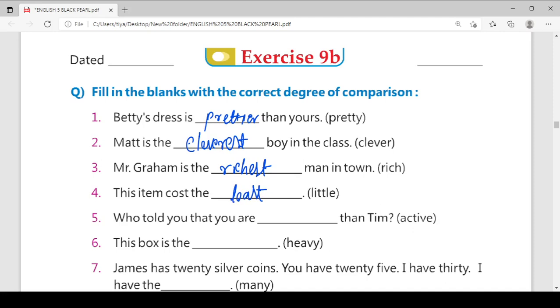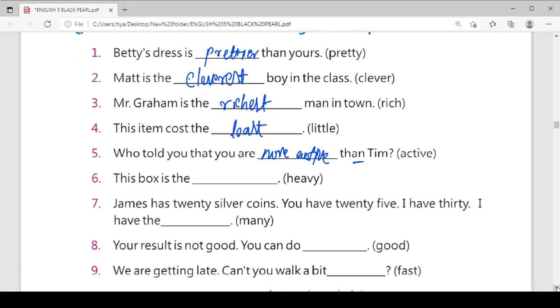Who told you that you are dash than Tim? You are more active. Okay, using the comparative, more active than Tim. This box is the heavy, you need to use the superlative degree, heaviest. James has 20 silver coins, you have 25.